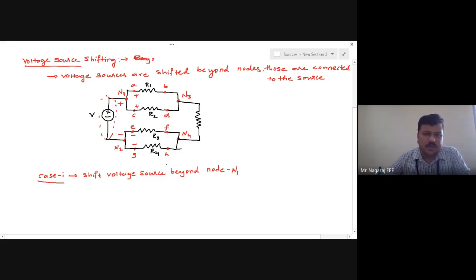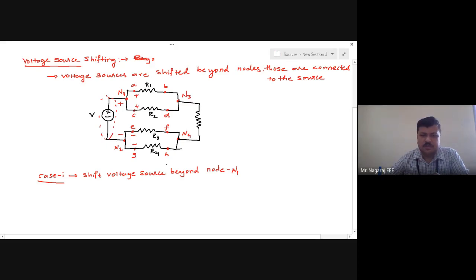that branch. So when I shift the voltage source beyond a node, then the original branch of the voltage source should be short circuited. Okay, because I have to make that voltage source effectively 0 in that branch. To make a voltage source 0 value, I have to short circuit it.